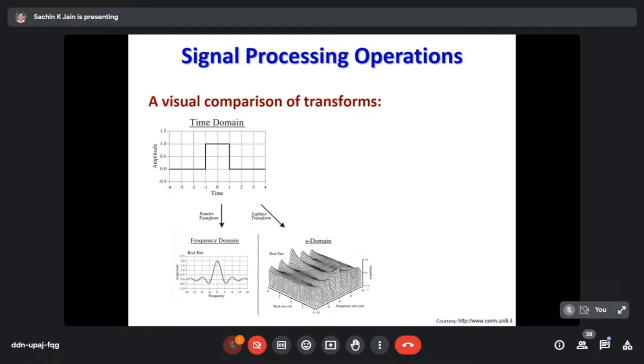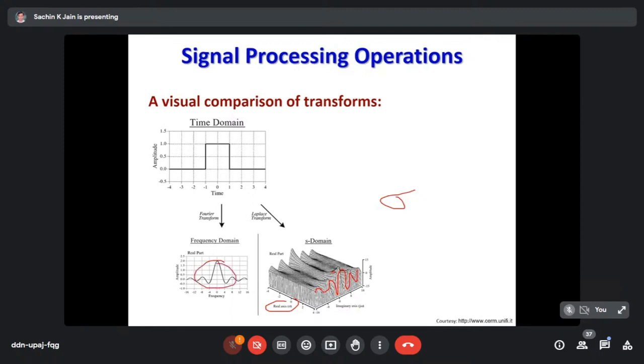This is another representation, or visual comparison, of transforms. Fourier transform will give you something like this for a square wave like this, whereas its Laplace transform will be something like this. If you ignore this real axis part, that is the sigma part, then the imaginary axis part is the same as your Fourier transform.